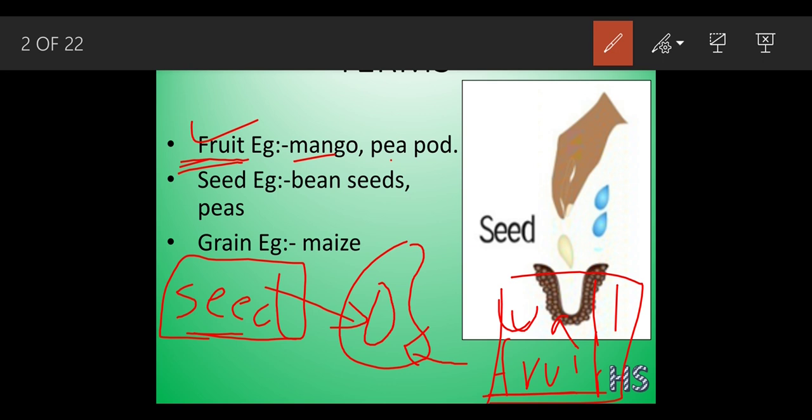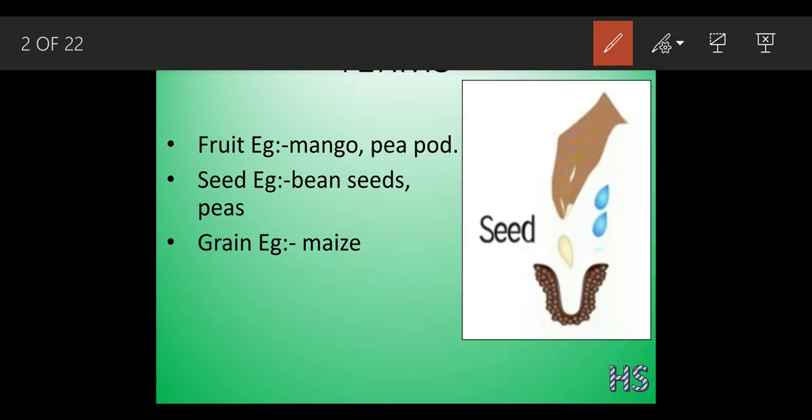Now we are going to learn about the seeds. What are seeds? Seeds are basically nothing but the ripened ovule. After the fertilization of ovules, there is a formation of a seed. What is there inside the seed?